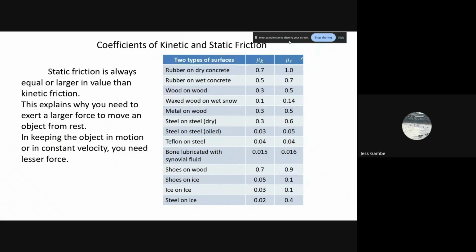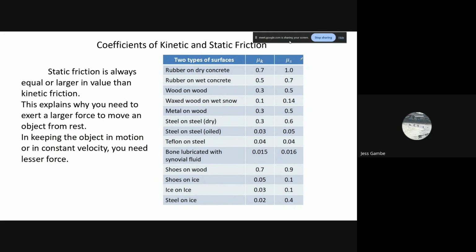Now let's compare the two frictions. Let's look at kinetic and static friction on the same types of surface, with just a bit of variation. The first row is rubber on dry concrete. When it is moving, the coefficient of kinetic friction is 0.7.